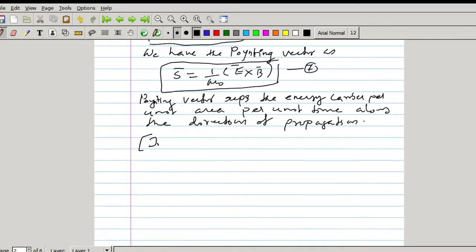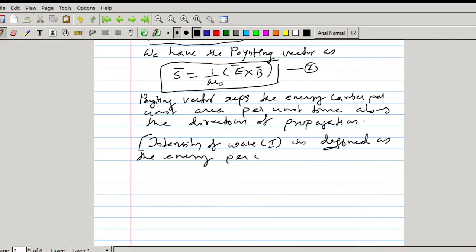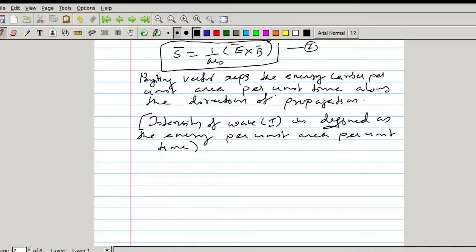What is the intensity of a wave? Intensity of wave is defined as the energy per unit area per unit time. When you give the unit vector for representing the direction of propagation, then the intensity becomes the Poynting vector. So the Poynting vector is a vector quantity, and the intensity is a scalar quantity which represents only the energy per unit area per unit time.